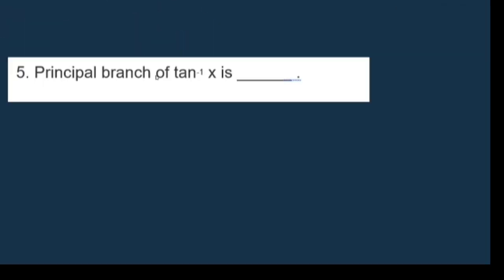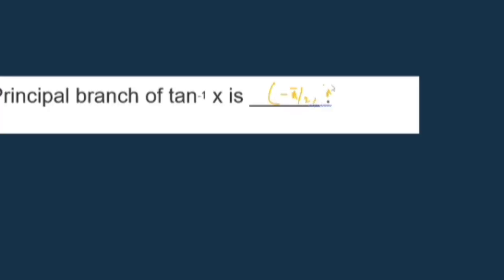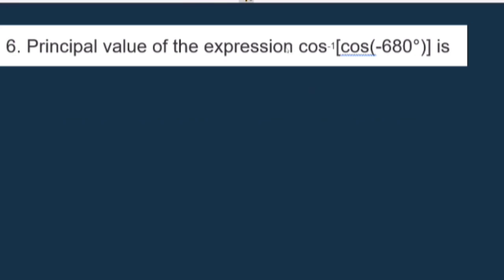Principal branch of tan inverse is open bracket minus pi by 2 and plus pi by 2. Principal value of cos inverse cos of minus 680. You know that cos is an even function, so you can ignore that minus sign. Cos of minus theta is cos theta.